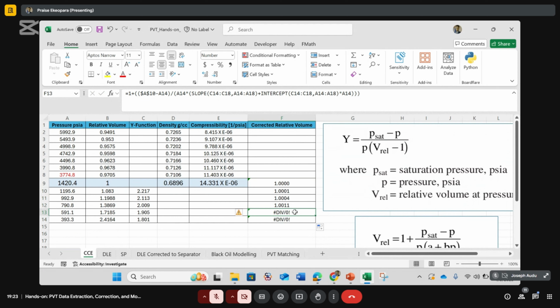So with this, I'm able to calculate for this.